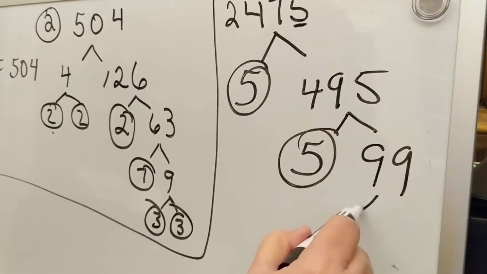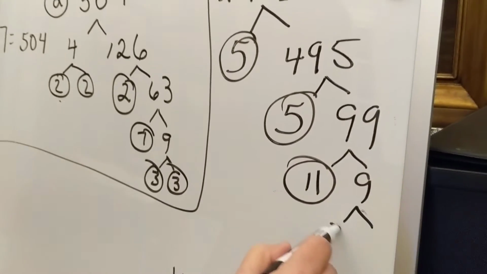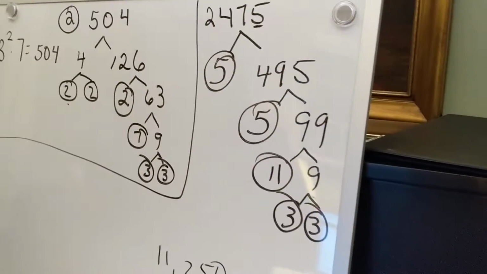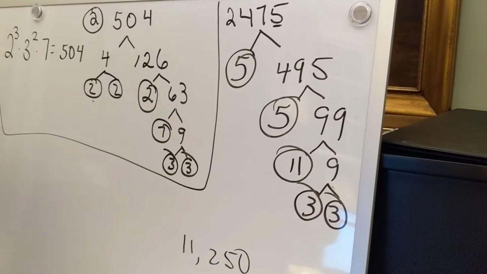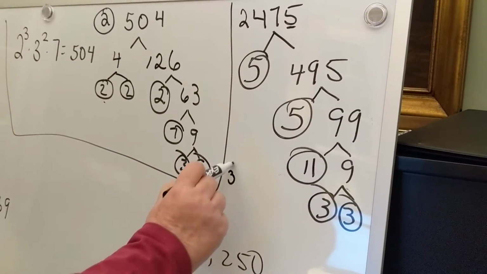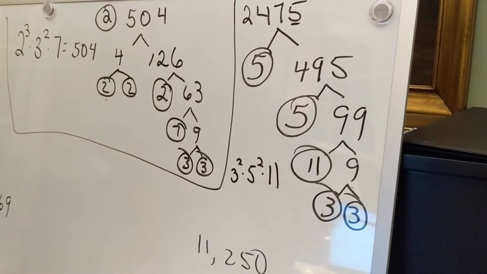And then 99 is 11 times 9. I'm circling primes. Okay, so that one would be 3 squared times 5 squared times 11.